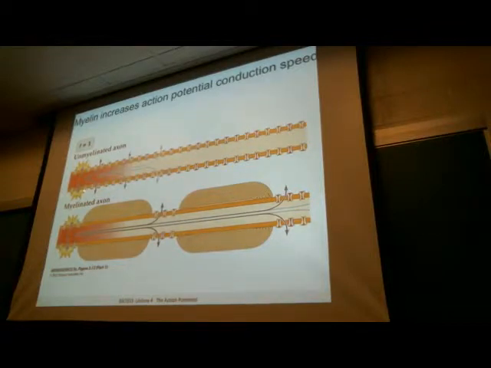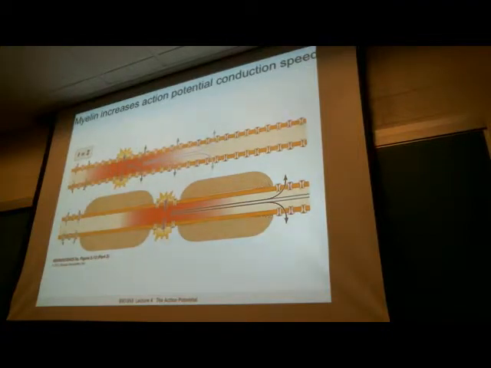So you're going to maintain the signal, and when you get to this point, you have enough signal to fire these sodium channels, whereas in the unmyelinated case, because of the decay of the signal, only these are going to be able to fire. These haven't seen enough signal to fire just yet.